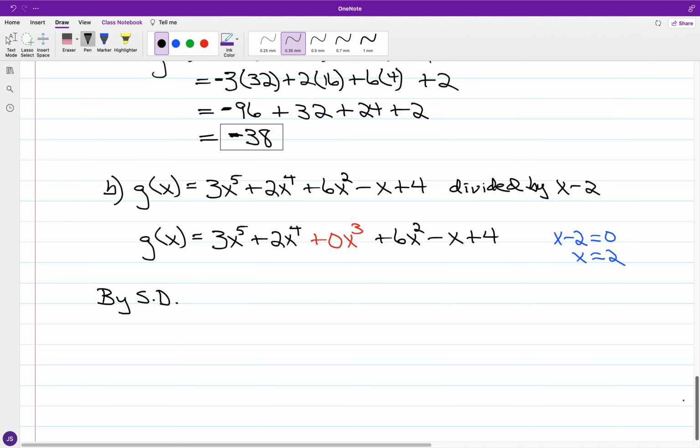With synthetic division, I'm taking the zero out of the divisor.